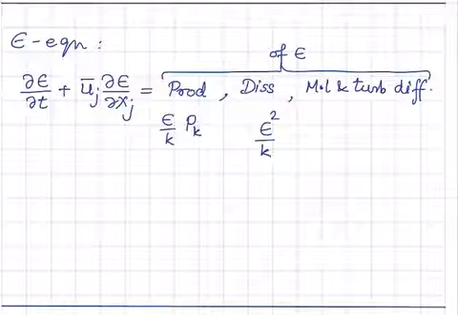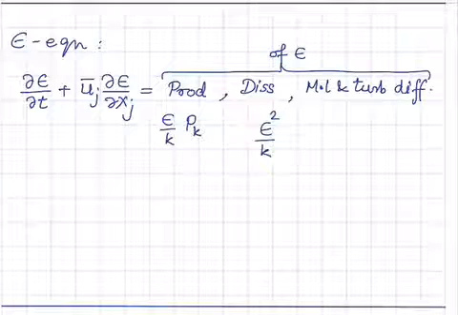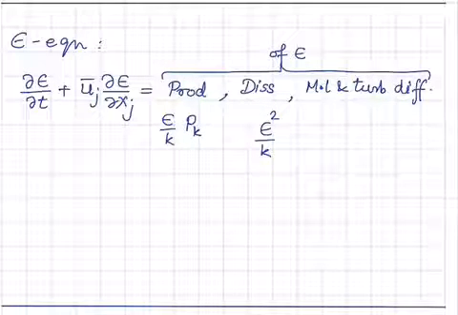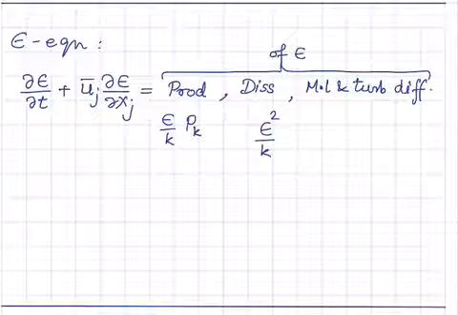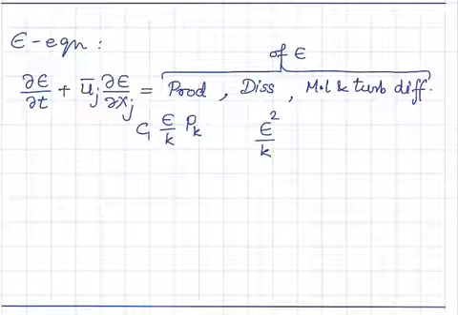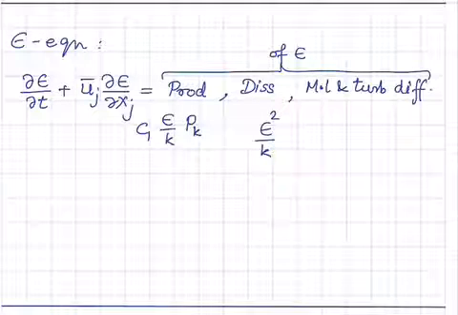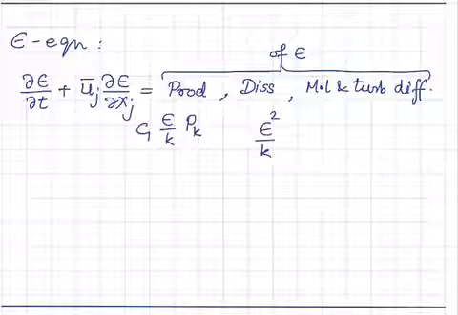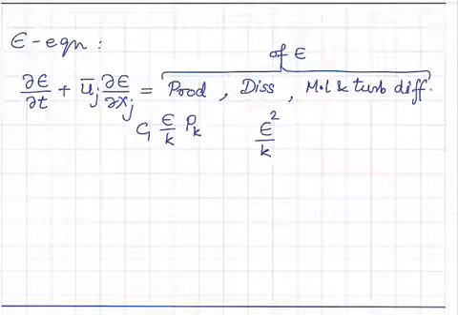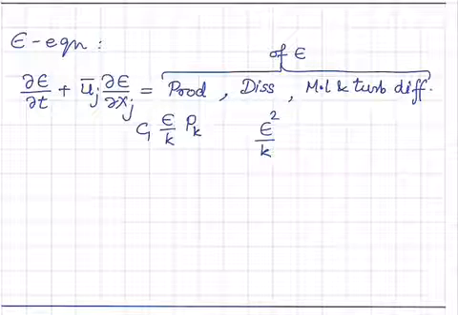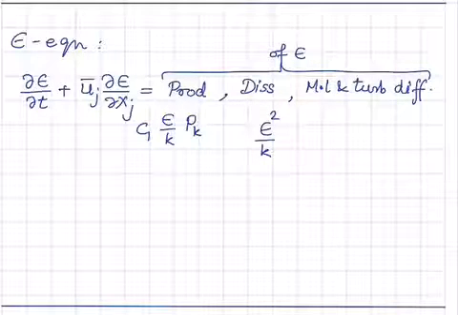Naturally, they would not be the correct terms in the equation because they were not derived mathematically. So we would need some kind of a constant or some empirical functions in there to make it work, to give the right answer. So we get the production of epsilon has this form.